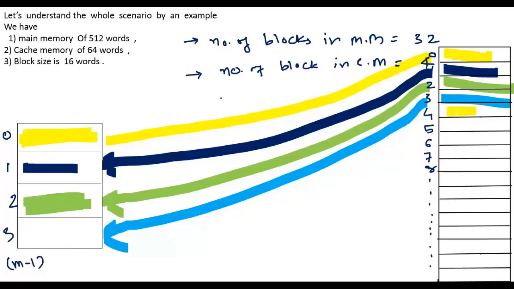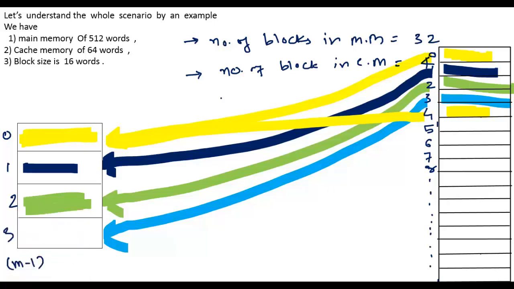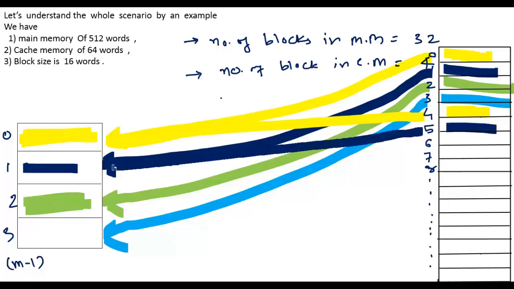So let me color it with yellow. The fourth one will go to 0. Okay, and the fifth one we will color it with blue because it will go to the first one.